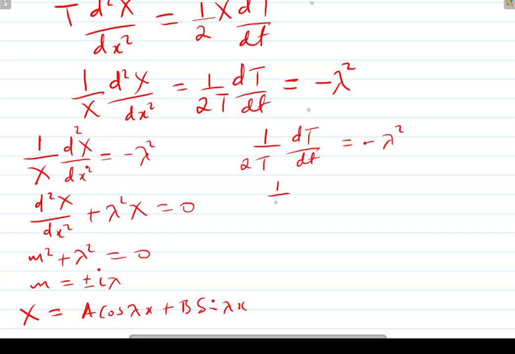So this is 1 over t dt equals negative 2 lambda squared dt, like this.